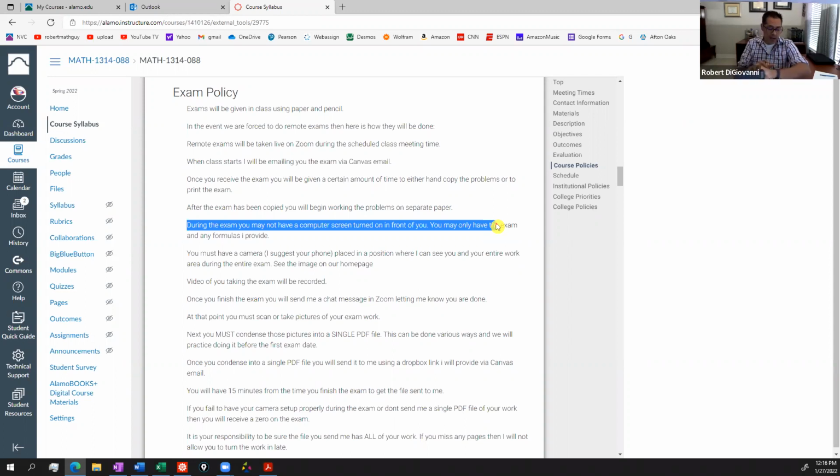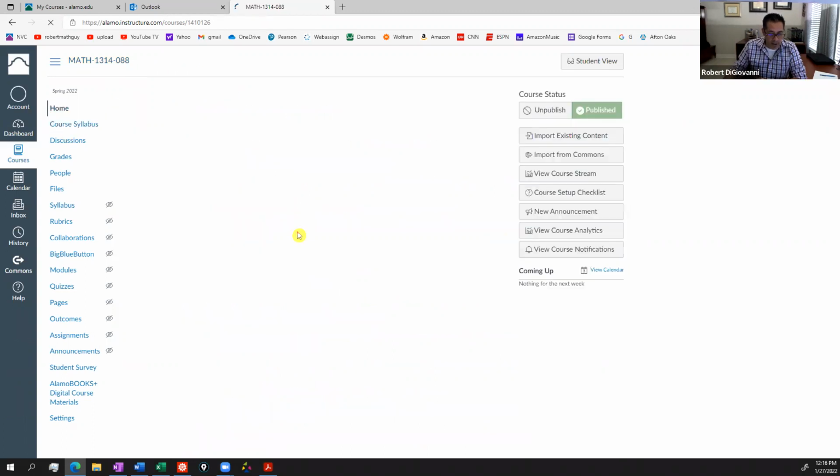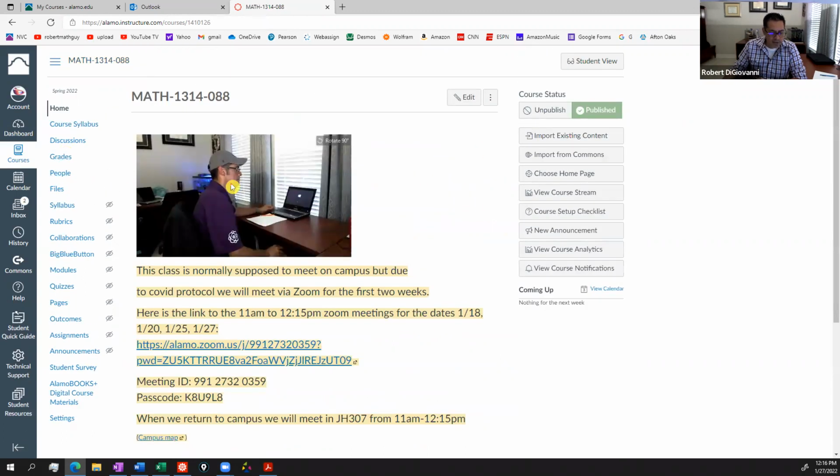So the best way to do that is to use your phone camera and set your camera up on the side. And this right here is a picture of me. That picture of me kind of gives you an idea of how I expect your camera to be set up. Okay. Notice it's off to the side and you can see everything around me.